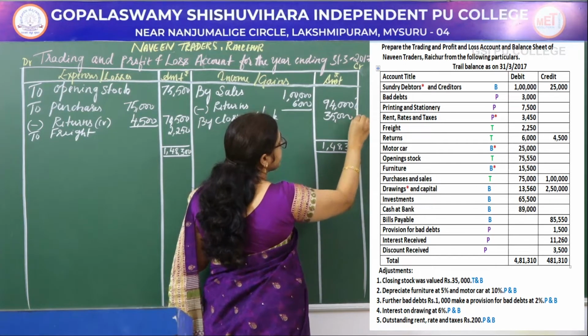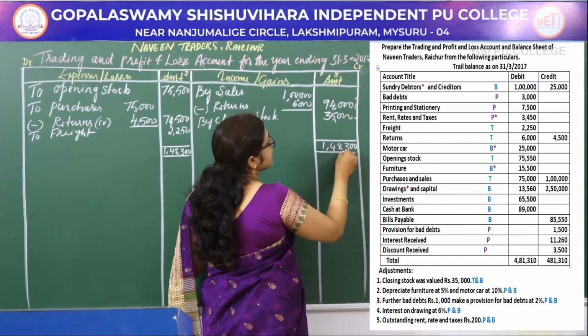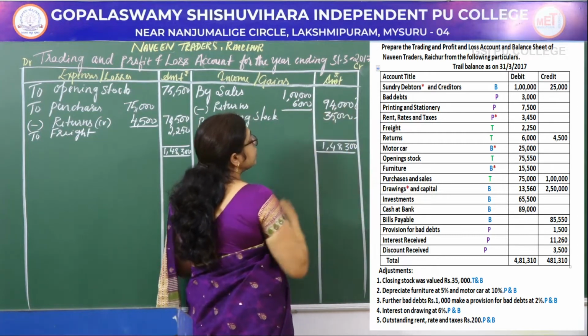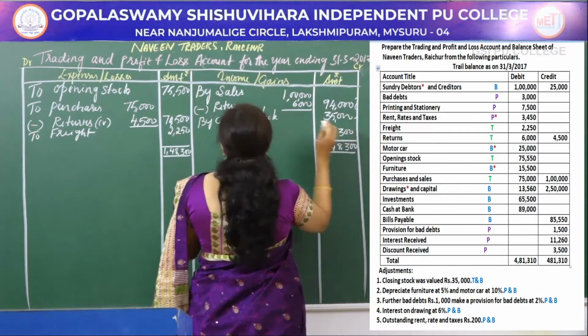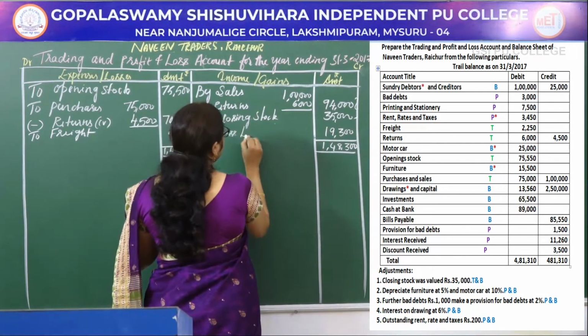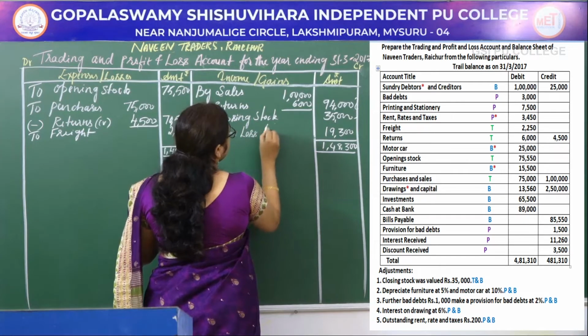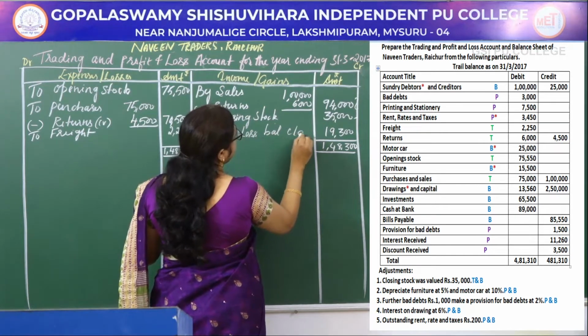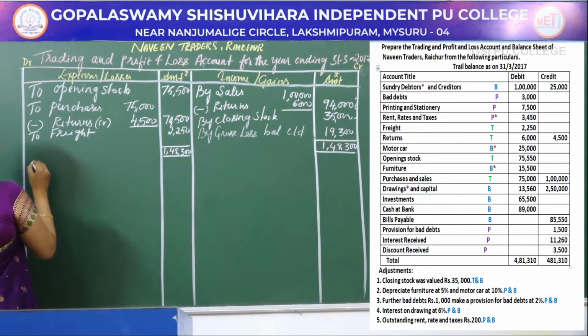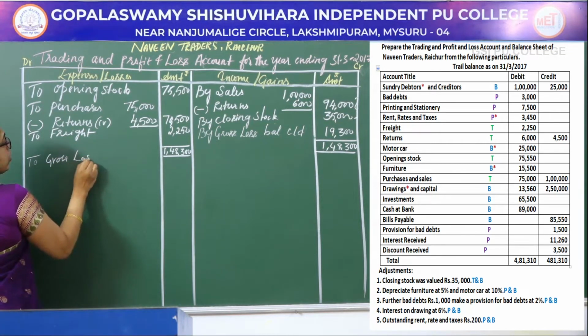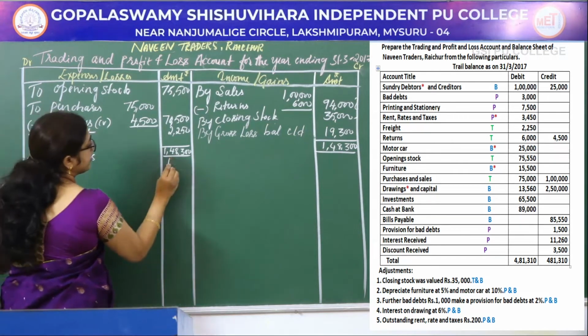Now find the difference, that is 1,48,300 minus these two items, 19,300. This is gross loss balance carried down. Bring this balance to the profit and loss account debit side to gross loss, that is 19,300.